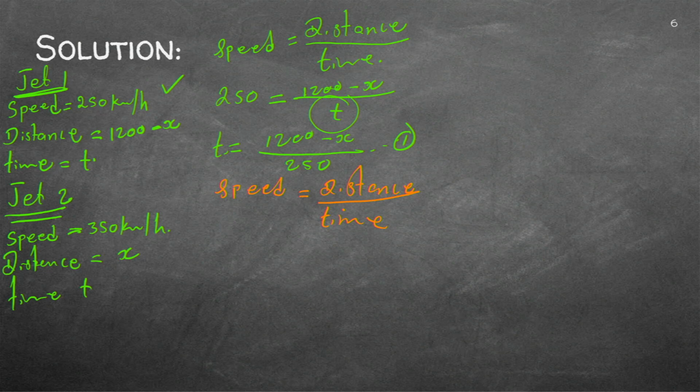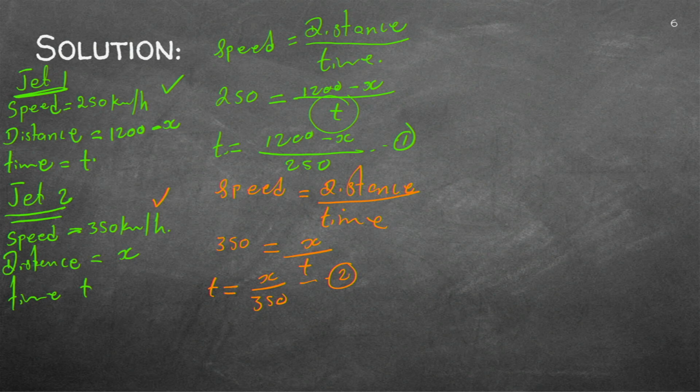This means I have the speed given as 350. So I have 350 equals, what is the distance? Distance is x over time. So my time is t. So making t the subject of the formula, you have x over 350. So that is your equation number 2.